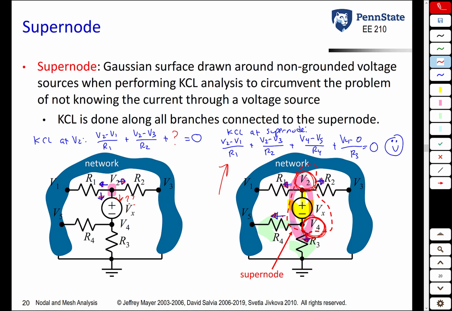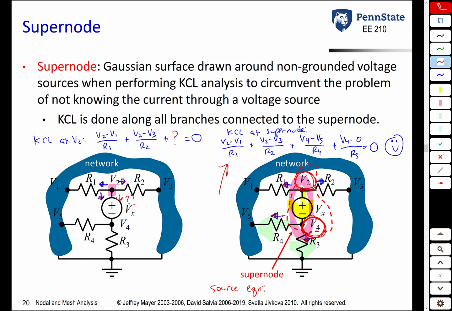We handle that by writing an additional equation called a source equation. Because the fact is that in this example, V2 is Vx volts higher than V4. Vx is going to be some number, 5 volts, 10 volts, 15 volts, whatever. So we also have what's called a source equation. Whenever you have a supernode, you also have a source equation, which is relating the absolute voltages on the two ends of the supernode voltage source.